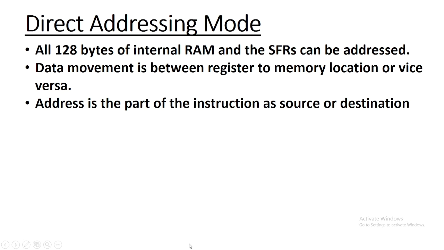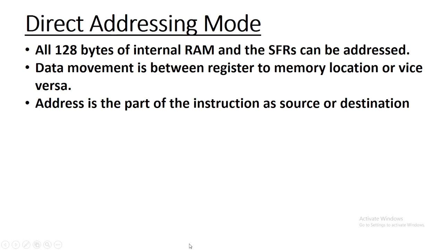So the direct address is a part of the instruction. In 8051 there is 128 bytes of internal RAM and SFR which can be addressed. So in direct addressing mode, data movement is between a register and a memory location, or vice versa.